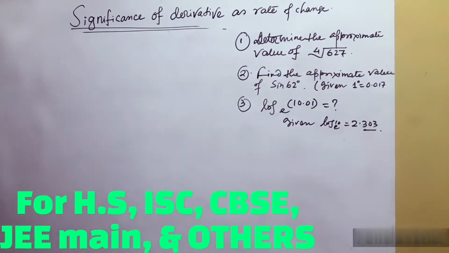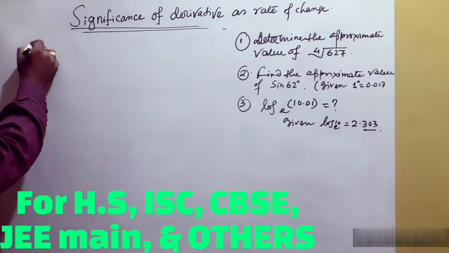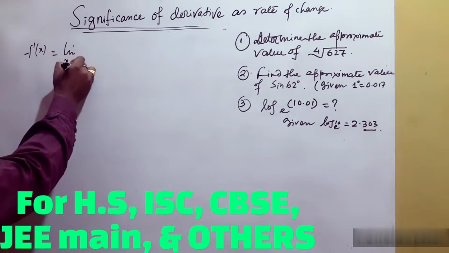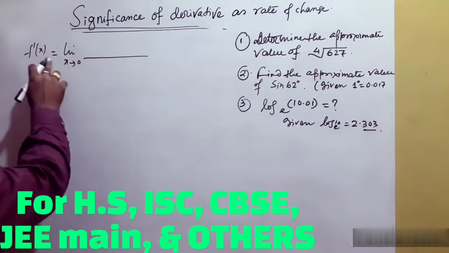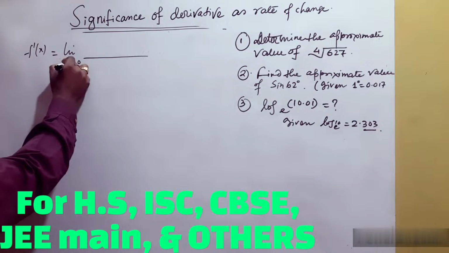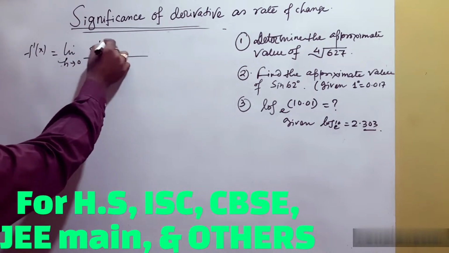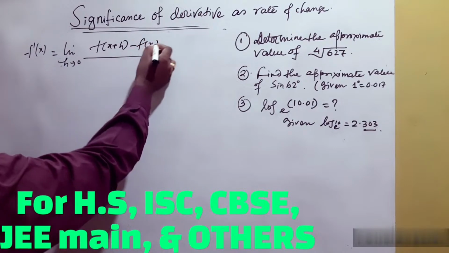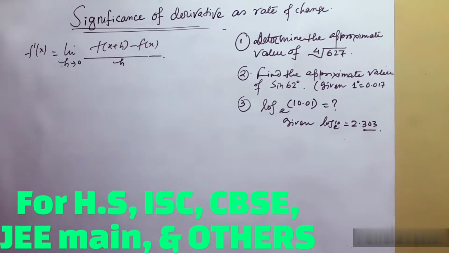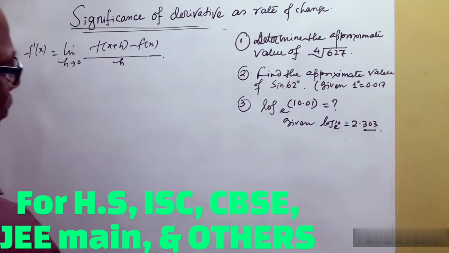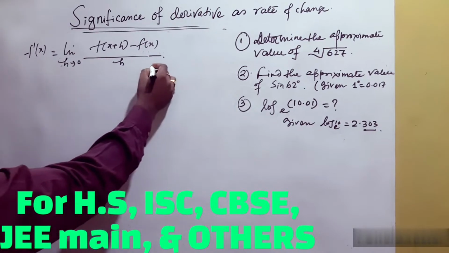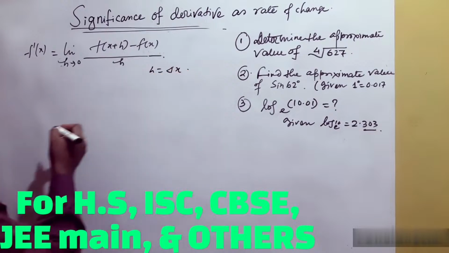You know the first formula, the first order derivative formula: f dash x is the limit as h tends to 0 of f of x plus h minus f of x, by h. Now for approximation, we don't use h tends to 0. We just use h equal to del x.